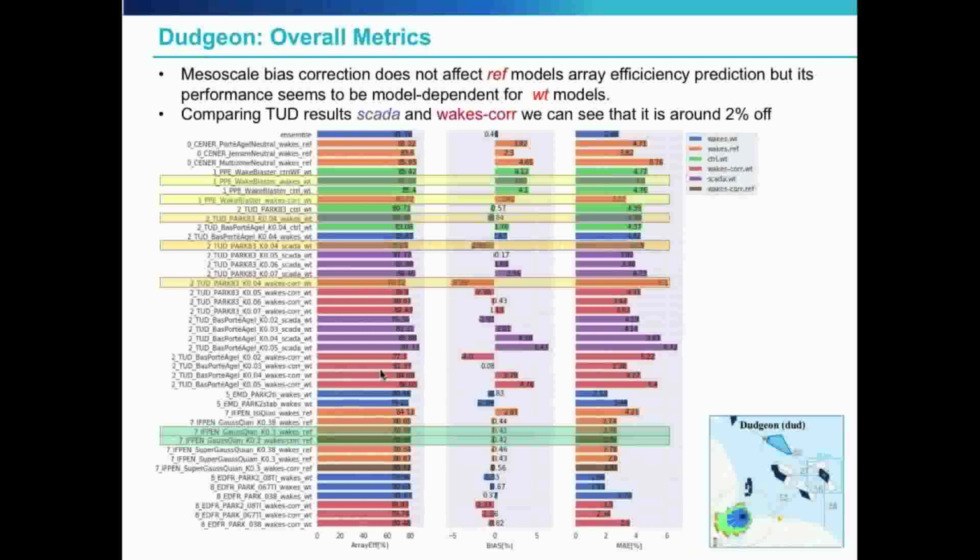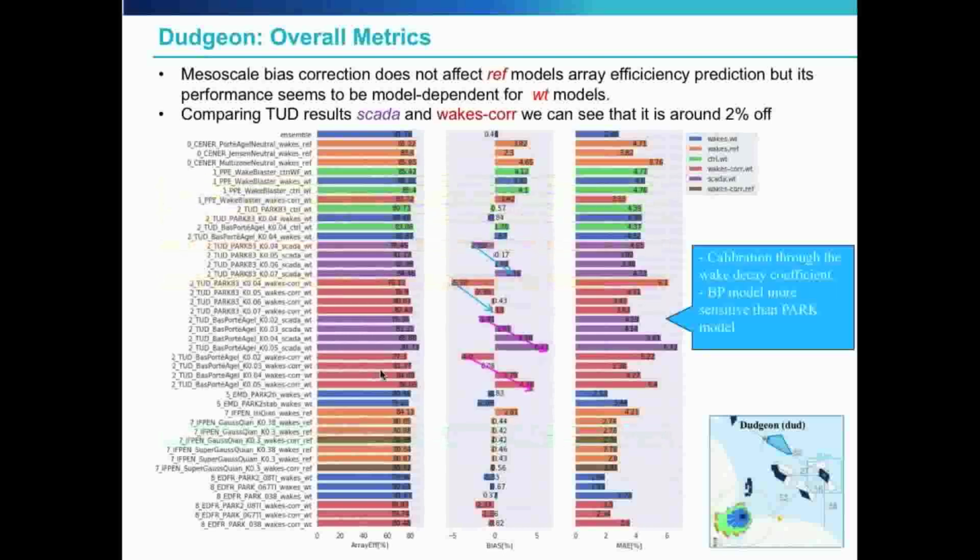I'll just go through this quickly because we don't have that much time. But the idea is that I will make the presentation available, and then maybe you can go through the specific flow cases and wind farms. We also see how one of the participants had access to some of the input data, and with this sensitivity test with a wake decay coefficient, we could see how this can be effectively used to calibrate the wake model.